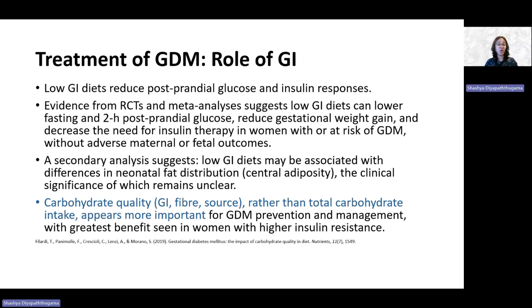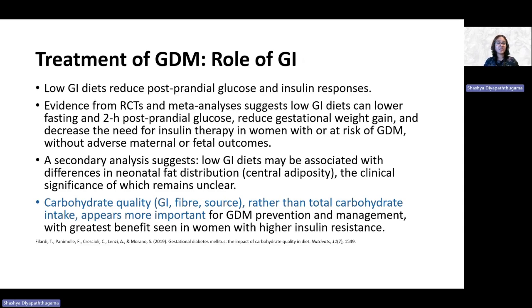So carbohydrate quality is more important. Although we were worried about carbohydrate quantity earlier, carbohydrate quality, that is depending on the GI, fiber, and the source of carbohydrate, is important rather than the total carbohydrate intake when it comes to gestational diabetes maintenance.